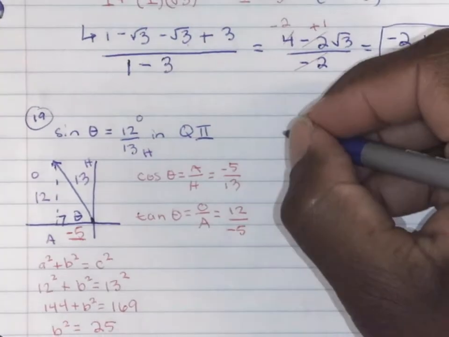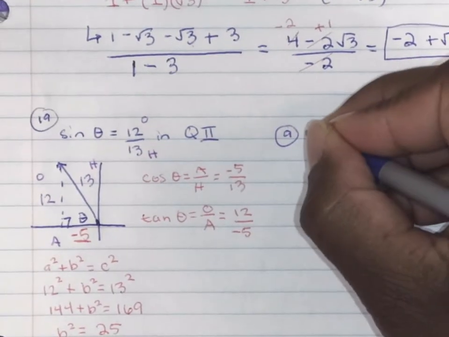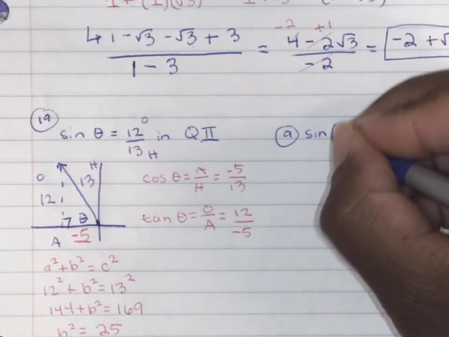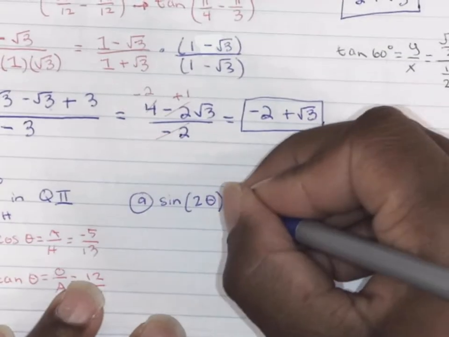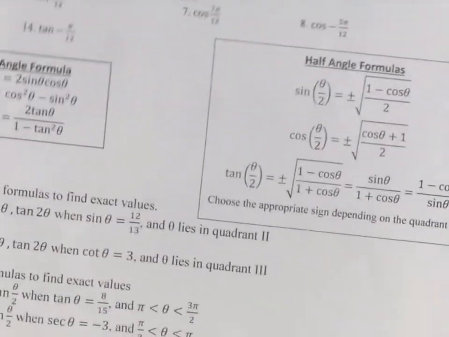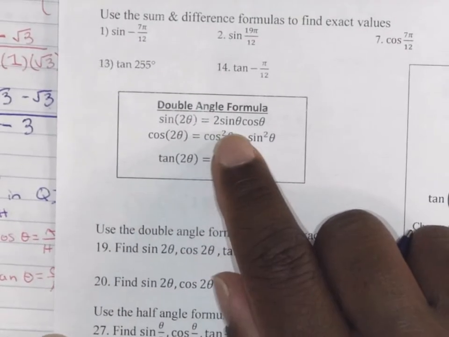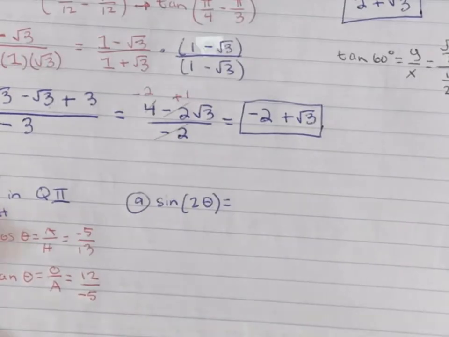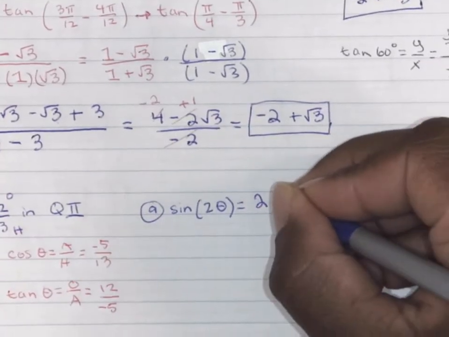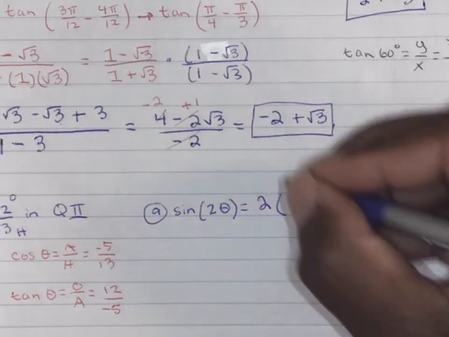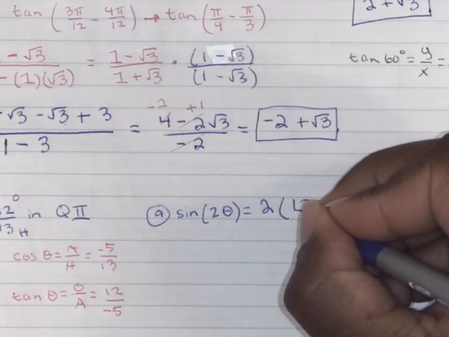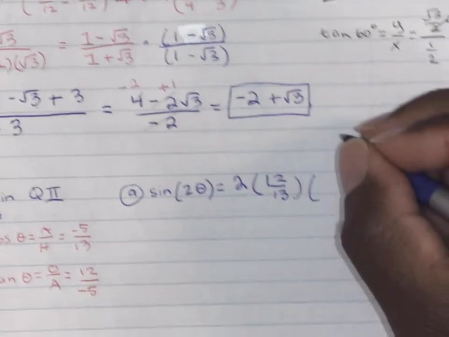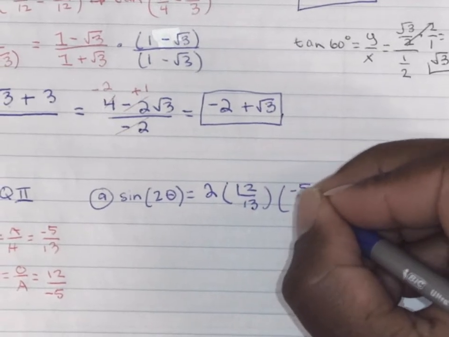Let's do it. So I'll say this is A, sine's double angle. I'm just following the formula. It'll be 2 times the exact value for sine times cosine. 2 times sine, which was 12 over 13, times cosine, which was -5 over 13.